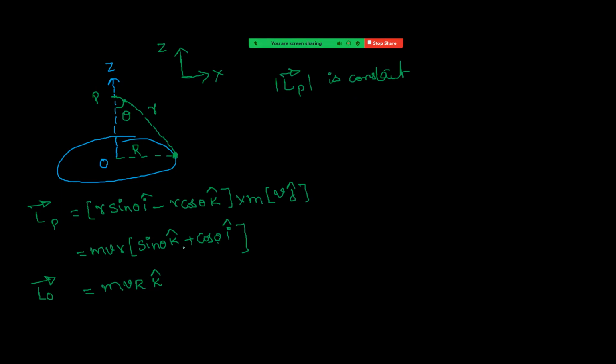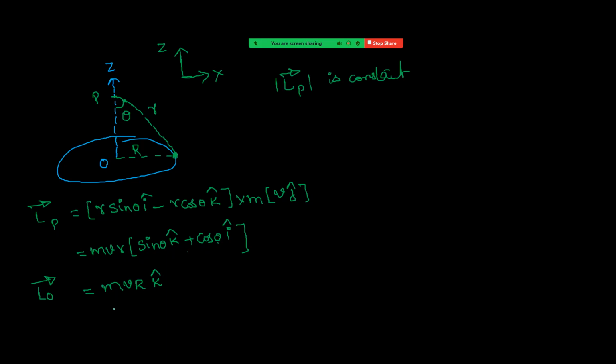The only thing is it has two components, one along the axis of rotation and the other normal to the axis of rotation. The component along the axis of rotation is constant, but the component normal to the axis keeps changing direction, not value. Only the direction is changing. One more thing you have to observe here.